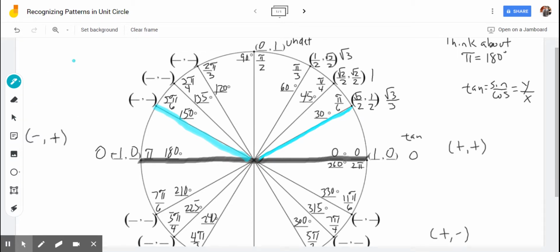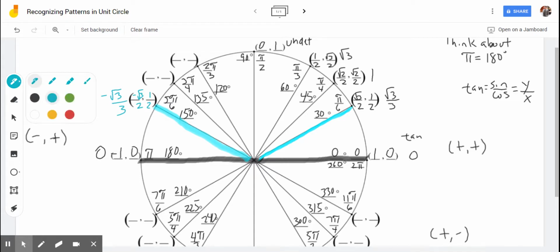And therefore, because it's radical 3 over 2, 1/2, this will be negative radical 3 over 2, positive 1/2, because it's negative x, positive y. And our tangent values are going to be negative as well. Because again, if it's y over x, we have a positive y, but a negative x value, we're going to have a negative tangent value.